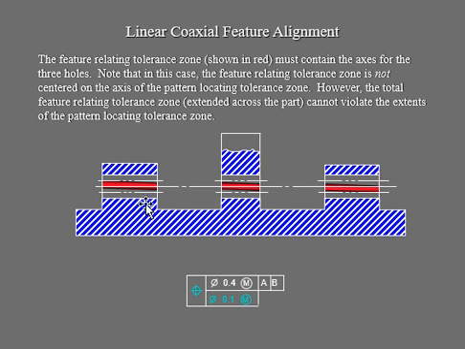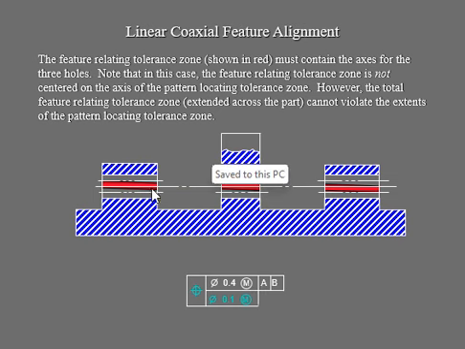Go into there so we can see how it can go through these holes, but again, it's got to be within the limited, allowable tolerance zone, which is controlled by this control frame right here.